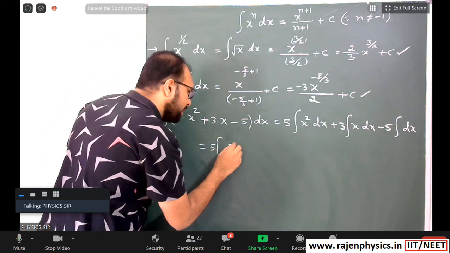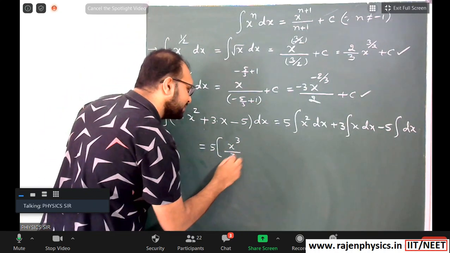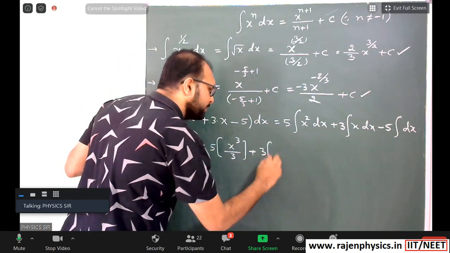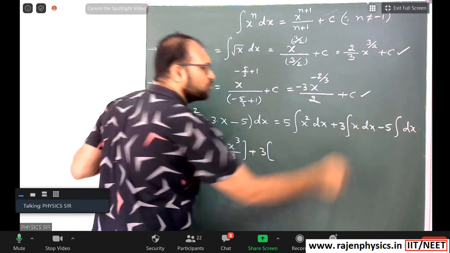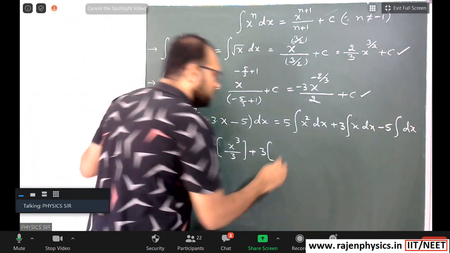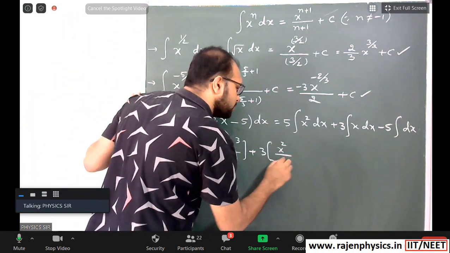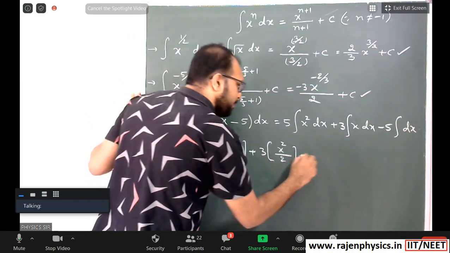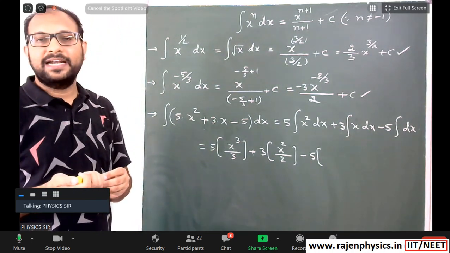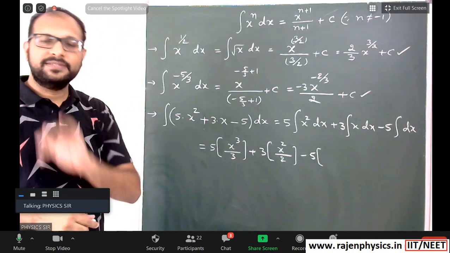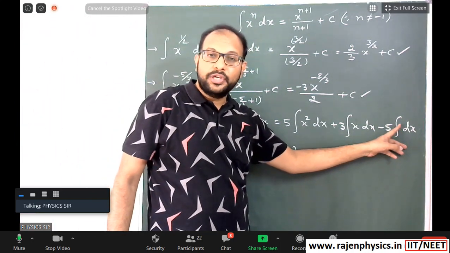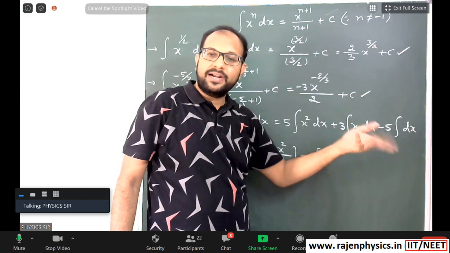So that's why x cube by 3 plus 3 into x dx means x to the power of 1. So 1 plus 1, x square by 2, minus 5 integral dx. Integral dx is nothing but x. How? Here nothing is there. How you write x to the power of 0? X to the power of 0 is 1 again.